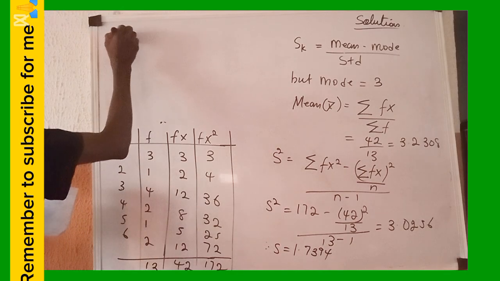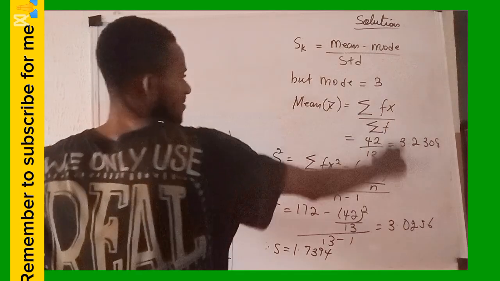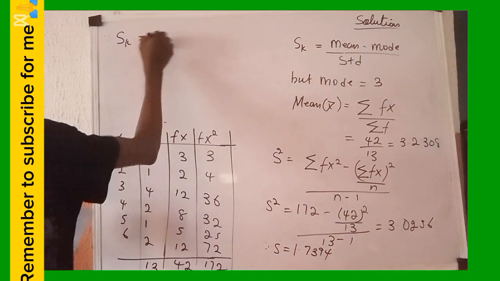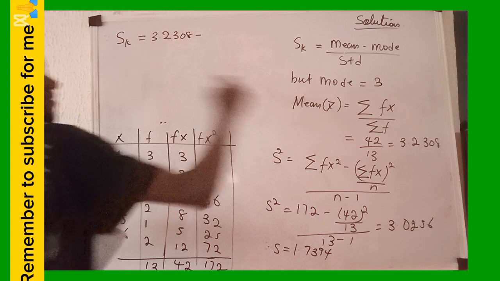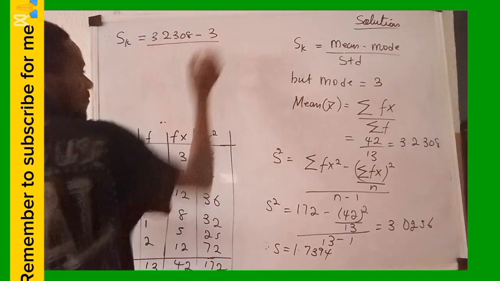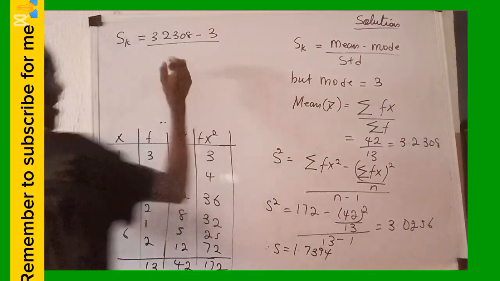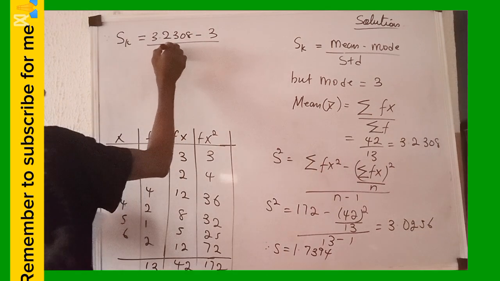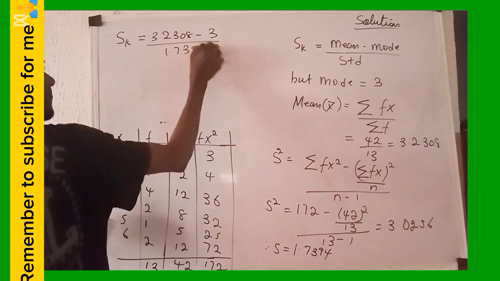Therefore, my S subscript K is giving us my mean, which is 3.2308, minus my mode, which is 3, all over my standard deviation, which is 1.7394.